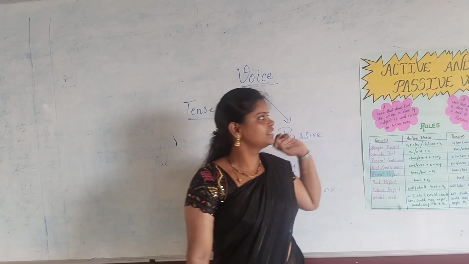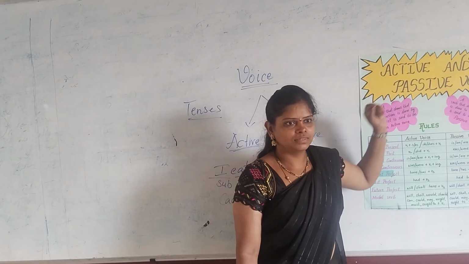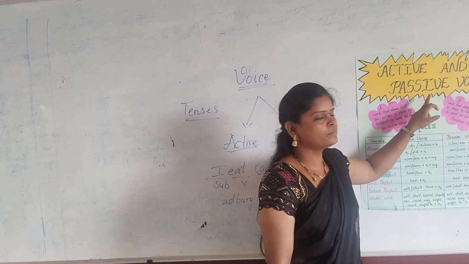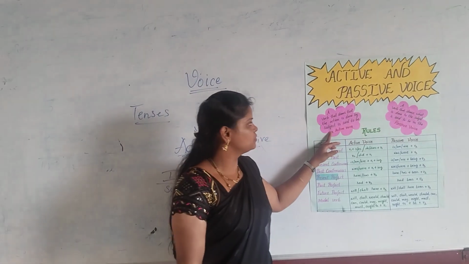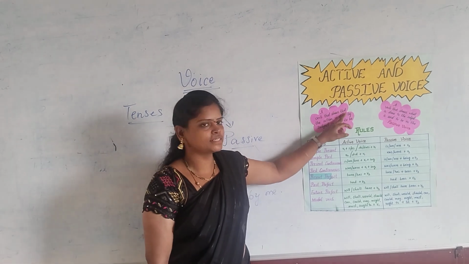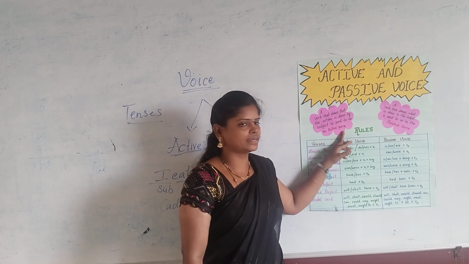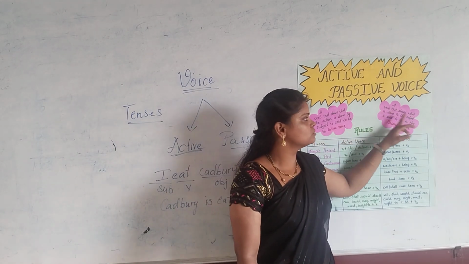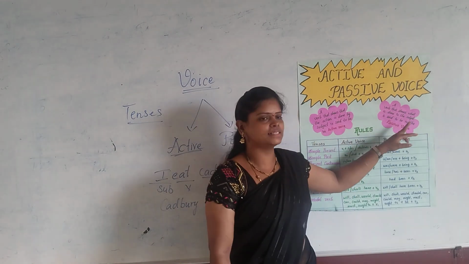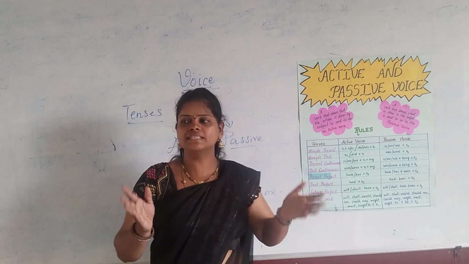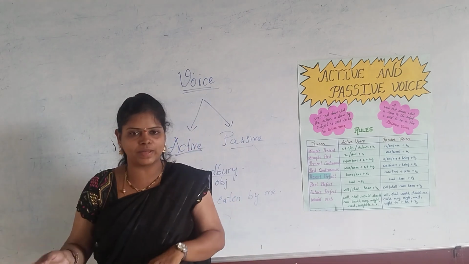You can see here, the topic is active and passive voice. The verb that shows that the action is done by the subject is said to be in active voice. A verb that shows what is done to the subject is said to be in passive voice. Which tenses can we change from active to passive?